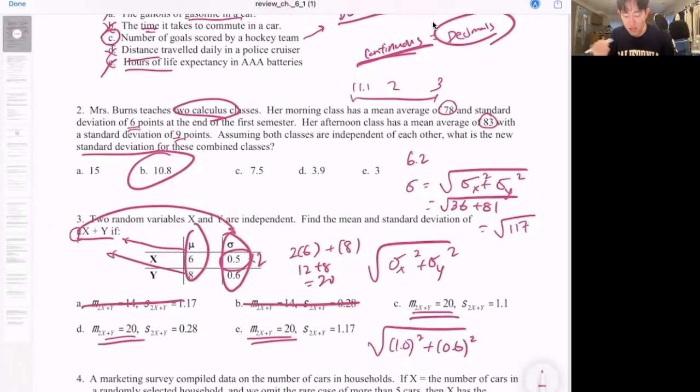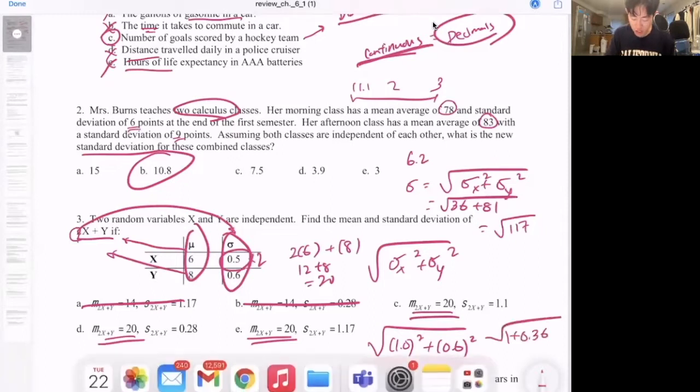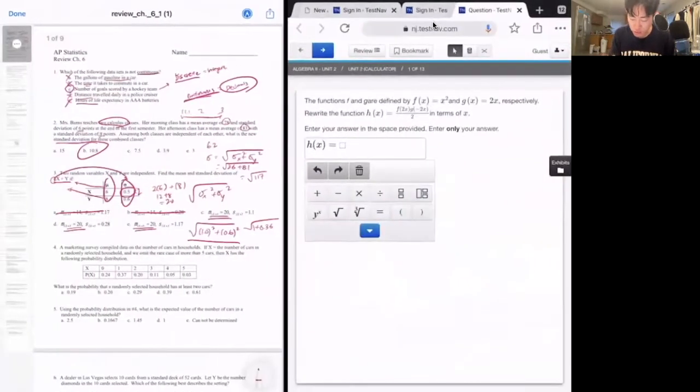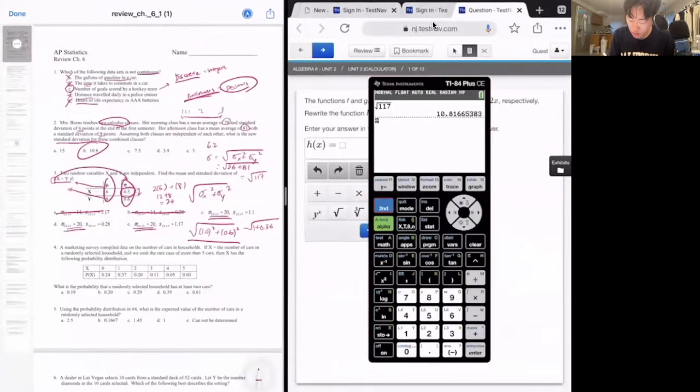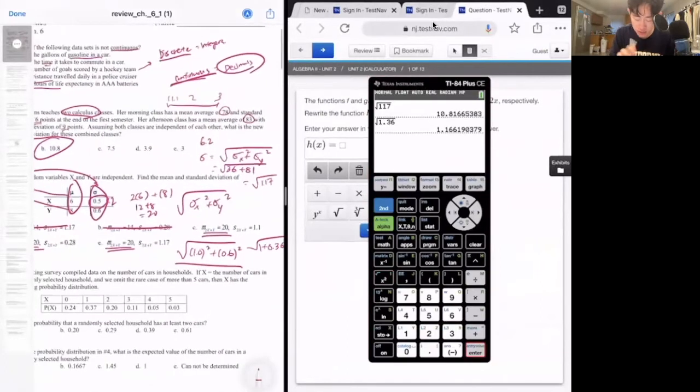And then you have to add the Y standard deviation to it. So it's 1 plus 0.36, and you have to square root that. So if you do the square root of 1.36, you get 1.166, so it should be E for number 3 here.